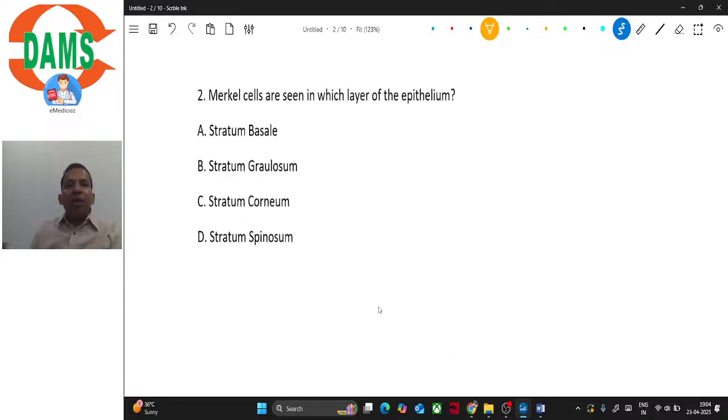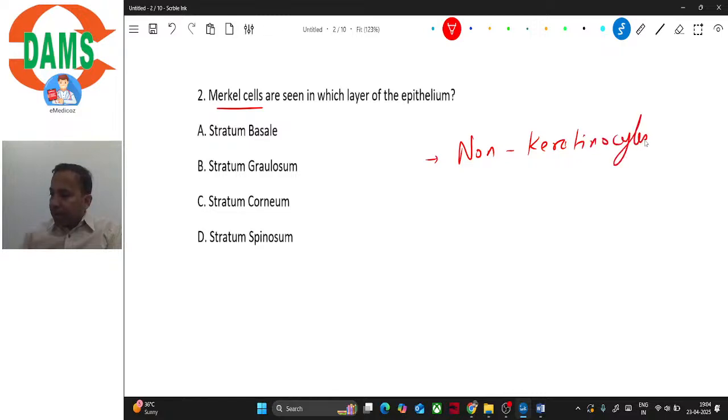The next question is, Merkel cells are seen in which layer of epithelium? So what are Merkel cells? I hope you all remember that these are non-keratinocytes, isn't it? Apart from Merkel cells, the other non-keratinocytes are lymphocytes, Langerhans cells, and melanocytes.